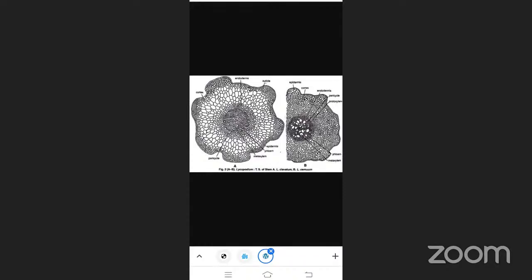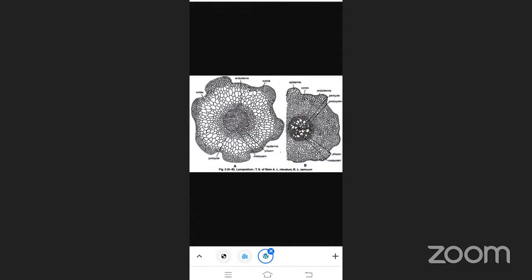The cortex may be homogeneous or heterogeneous, consisting exclusively of thin-walled parenchymatous cells or with thick-walled sclerenchyma present. The middle zone is found with thin-walled parenchymatous cells, and the innermost layer of the cortex is differentiated into the endodermis.